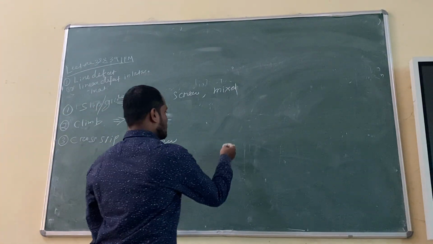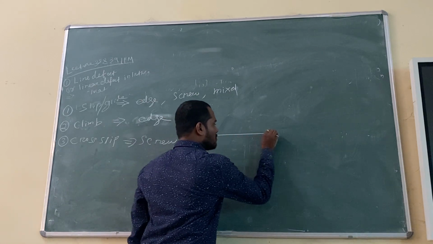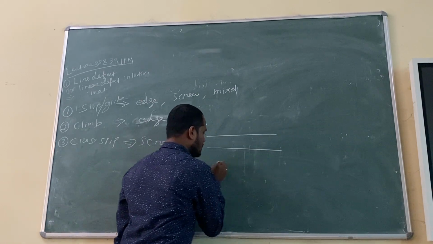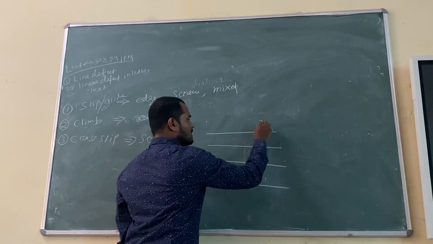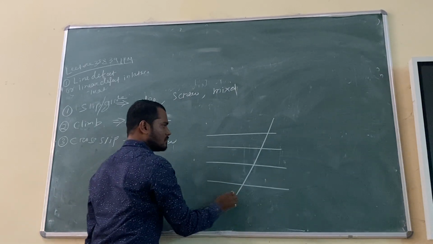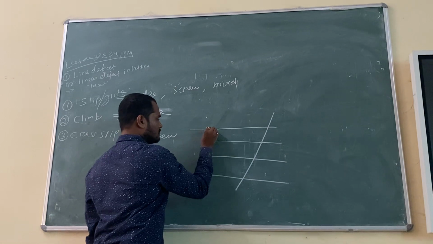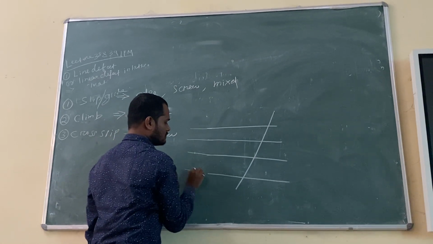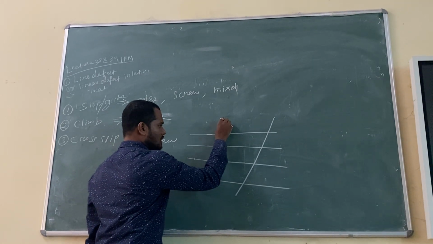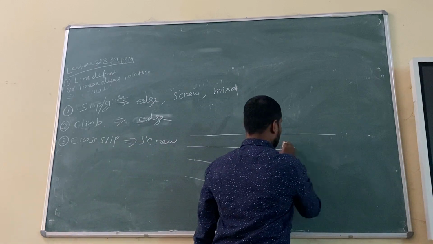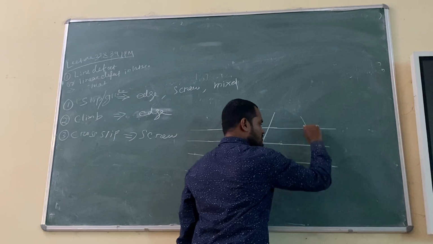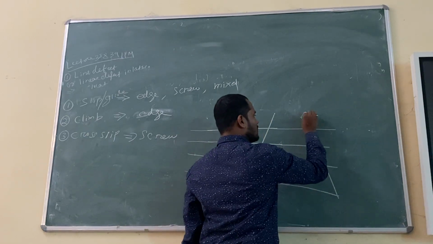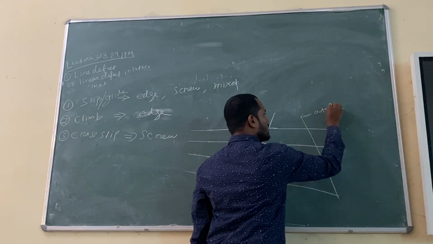Okay, let me give an example. Suppose this is one atomic plane, this is another atomic plane, this is another atomic plane, and this is another atomic plane, right? And there is an atomic plane like this also. These are what? Atomic planes.